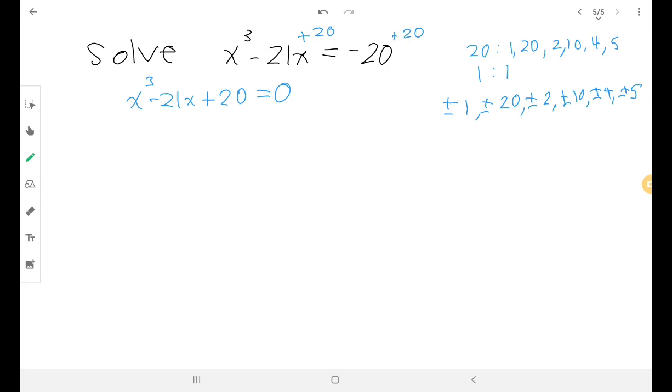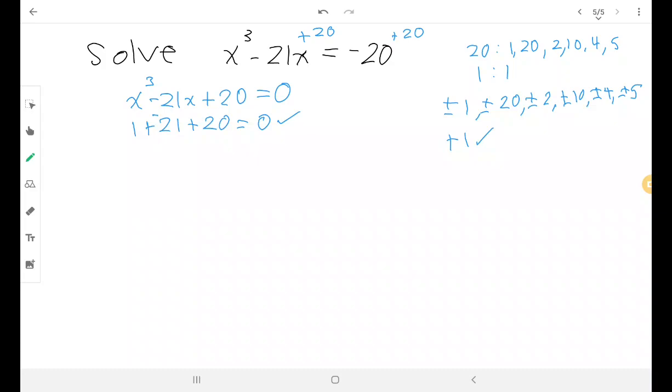So if I plug in positive 1, that'll be 1 minus 21 times 1, which is minus 21, plus 20, which is positive 1 plus positive 20 is 21, and 21 plus negative 21 is 0. So positive 1 works. And that's awesome, because if positive 1 works, then I'm essentially done.